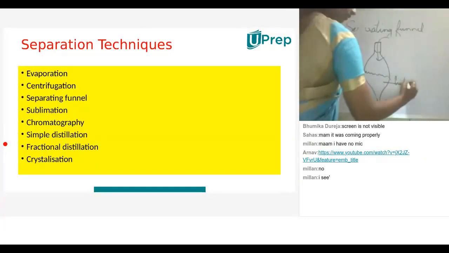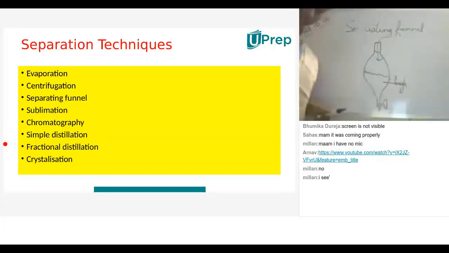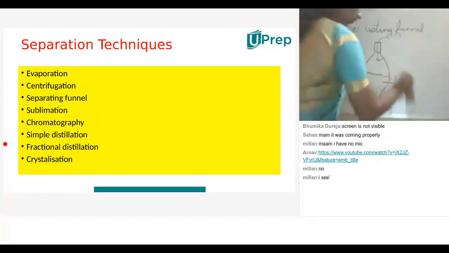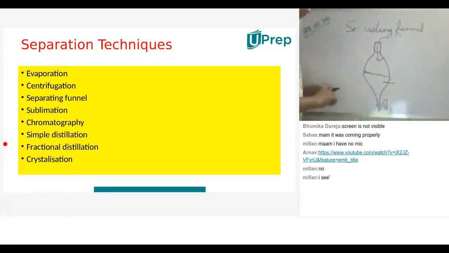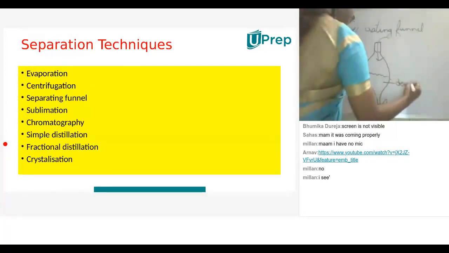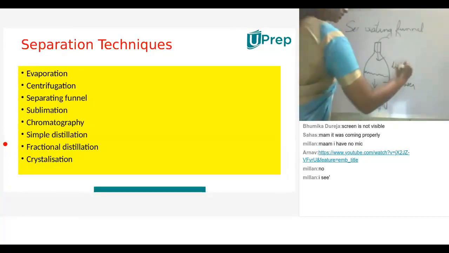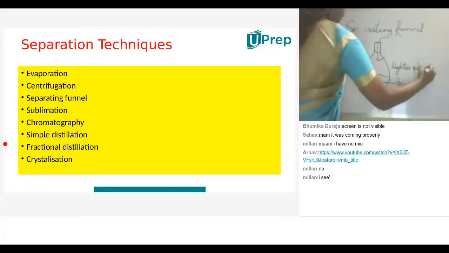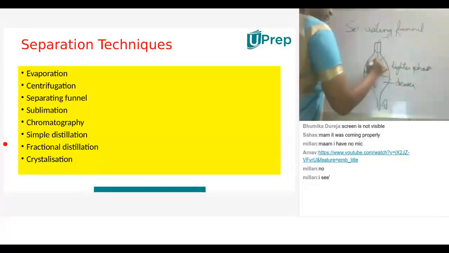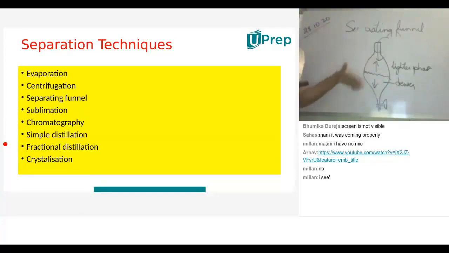The heavier, denser phase will be present at the bottom and the lighter phase at the upper layer. Two different phases: one is the lighter phase and the other is the heavier phase. Here simply we can say this one is oil and this one is water.